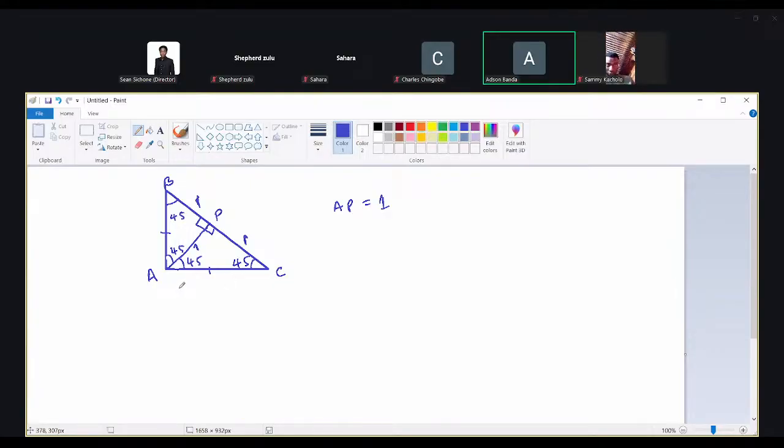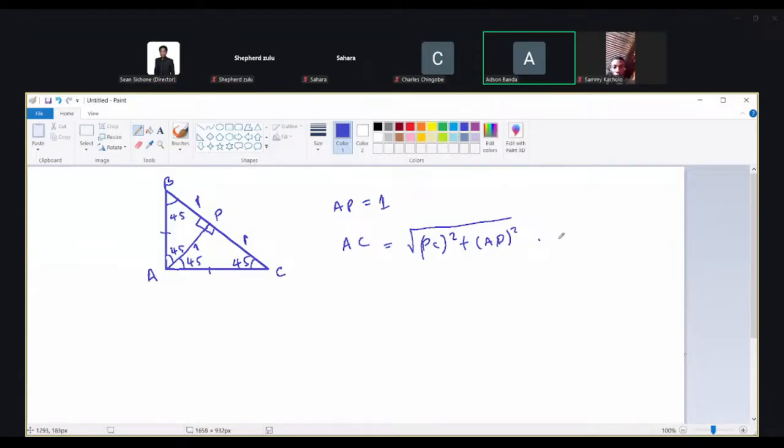By Pythagoras theorem again, we can see that the length AC is the square root of PC squared plus AP squared.